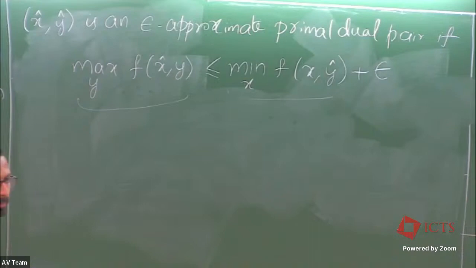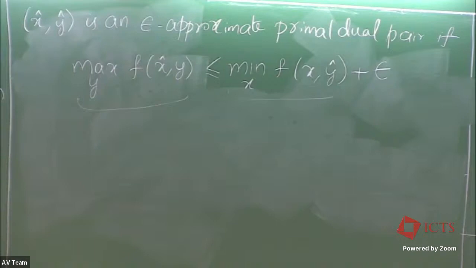Any questions? Could you explain the inequality that you wrote down before the theorem? How does that derive from the first one? So just ignore this and consider this and this. This is true for every X twiddle, Y twiddle.